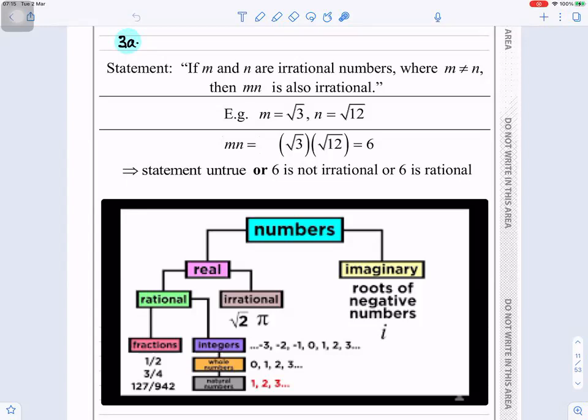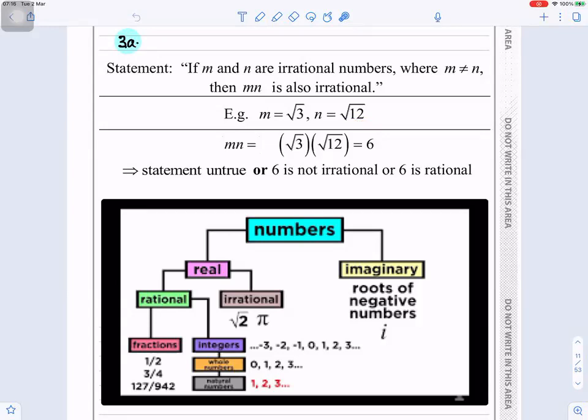So if m and n are irrational, you've got to know what irrational numbers are. So for example, we use square root of 3 as one irrational number and square root of 12 as another irrational number.